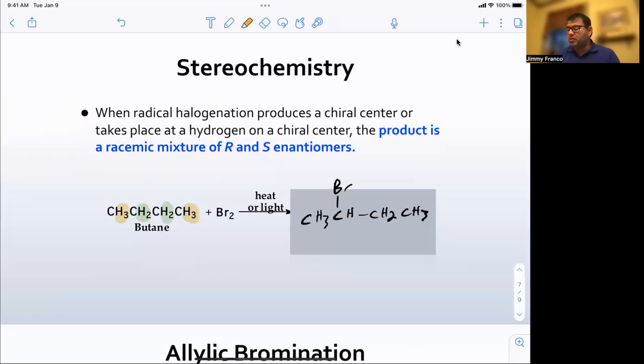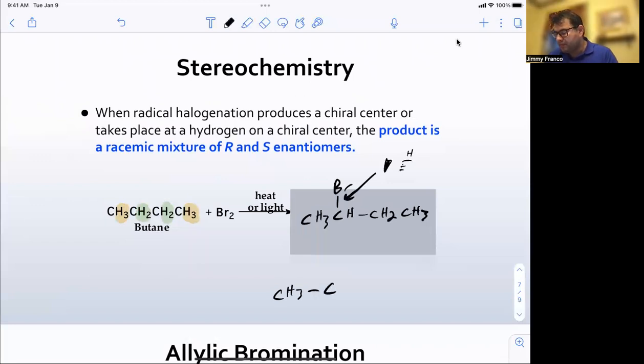Now, what this is talking about is we could have made this chiral center here wedged or dashed. Right? And so the problem is, remember when we draw this? So let me draw it out, CH3, carbon.